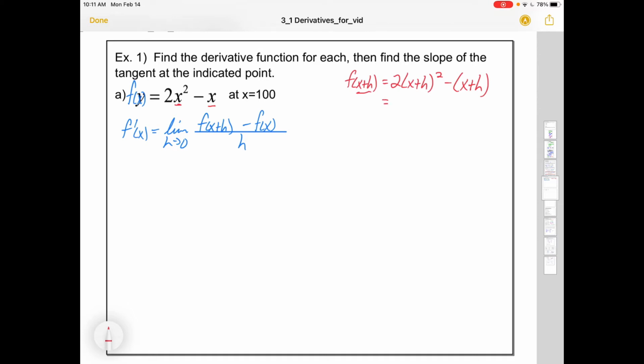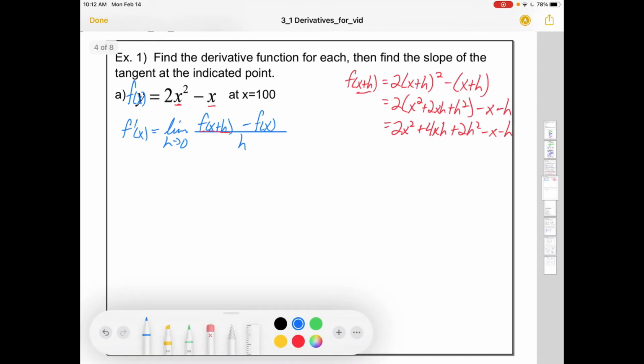Whenever I substitute in, I do it in brackets. I'm going to carefully FOIL this out. x squared plus 2xh plus h squared, minus x minus h, or 2x squared plus 4xh plus 2h squared minus x minus h. And that is going to go in for f of x plus h.